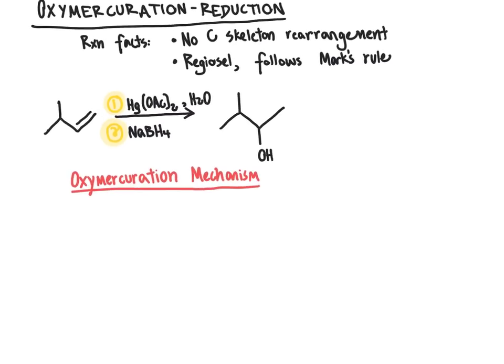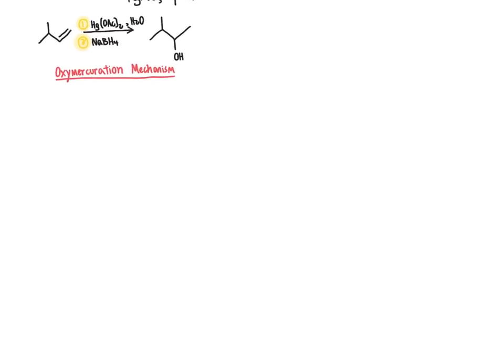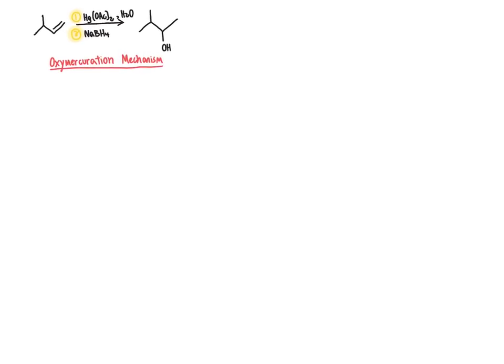So for the oxymercuration mechanism, what we will do is we'll start with our reactants, and we're going to be looking at our alkene. So I'm just redrawing the alkene starting material. And what will happen in this reaction mechanism, first off, is that we take our oxymercuration reagent, our mercuric acetate.